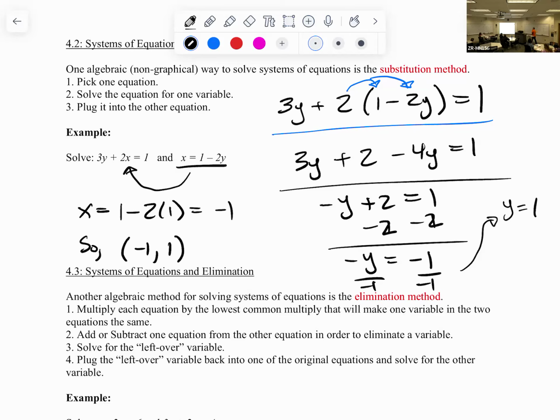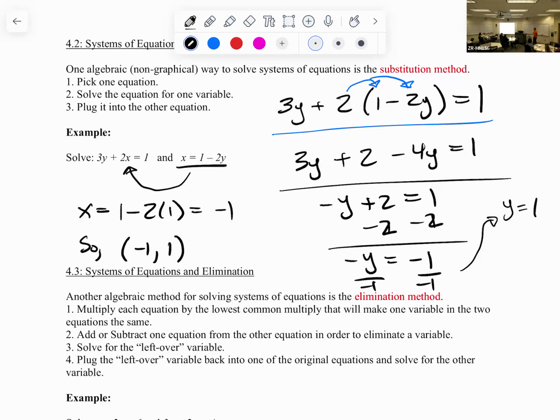Now, be aware, you can leave this as x equals -1, y equals 1, or you can write these in point pair form. Remember, when we write point pair, it's always x comma y. So always make sure that you're ordering those correctly, even though we found the y first, then the x.